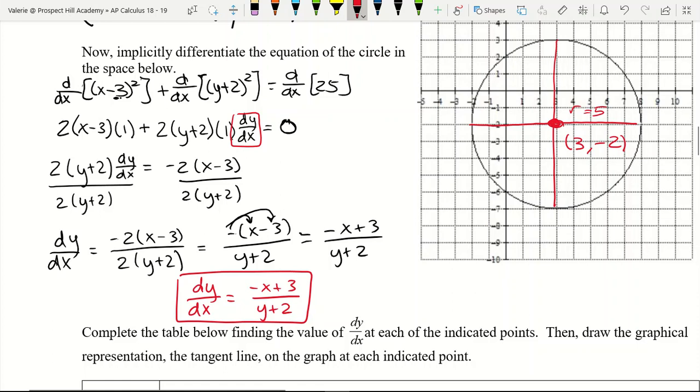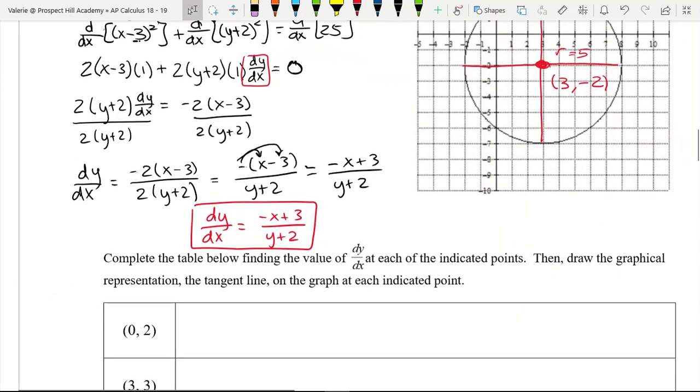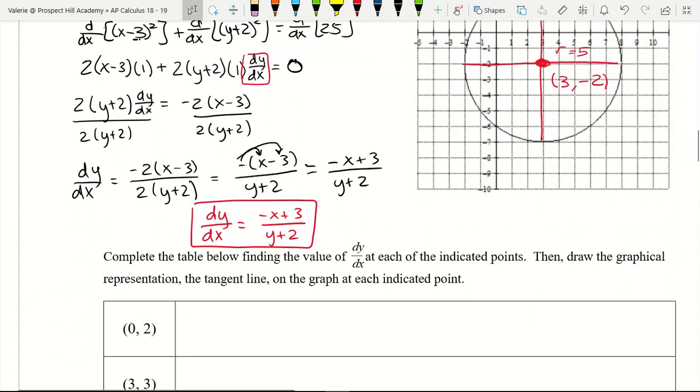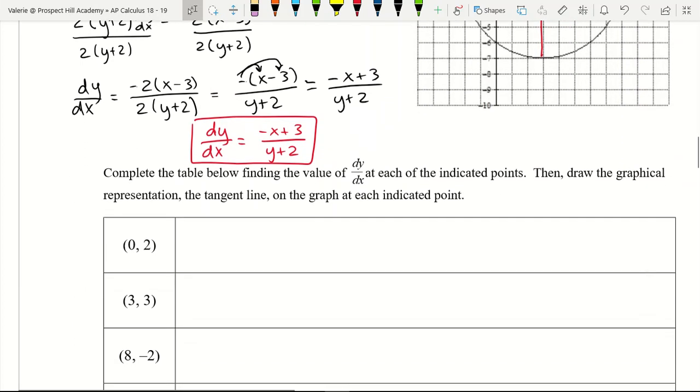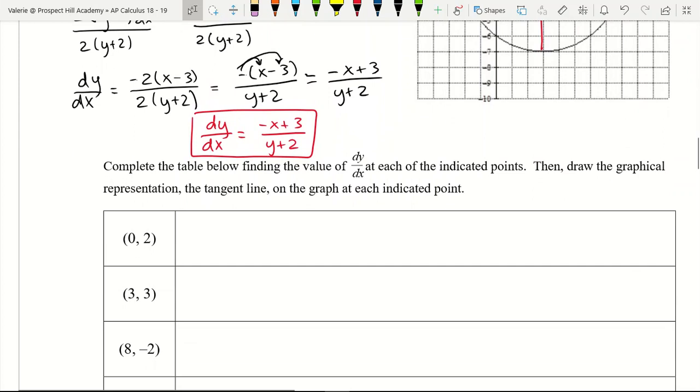Okay, so what we're going to do with that derivative is complete the table below, finding the value of the derivative at each of the indicated points. Then we're going to draw the graphical representation, aka the tangent line, on the graph at each indicated point. So what's nice about implicitly differentiating is that we can now take a full point, an x and a y, and plug it into our derivative to figure out what the slope of the tangent line would be at that point.